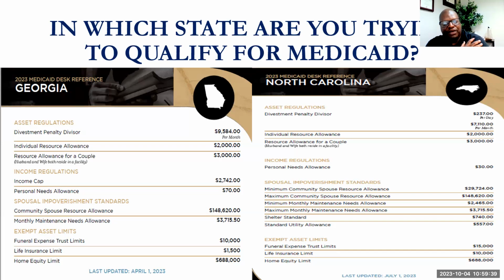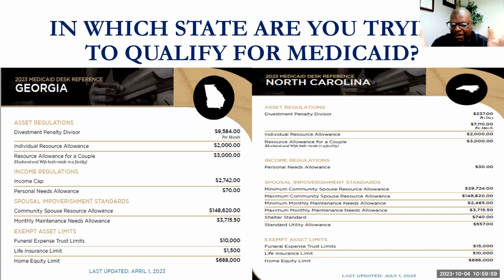The person going in would get 2,000, which leaves 153. The community spouse would have 148,620. And that extra 4,380 would go to the state, that they'd have to spend down before they could be eligible.